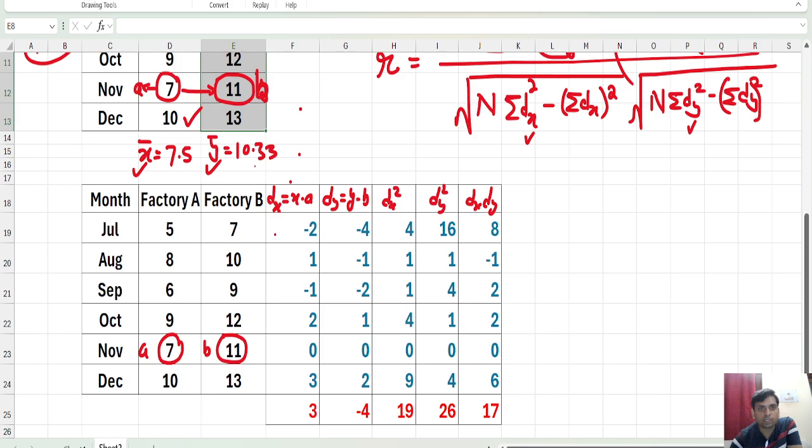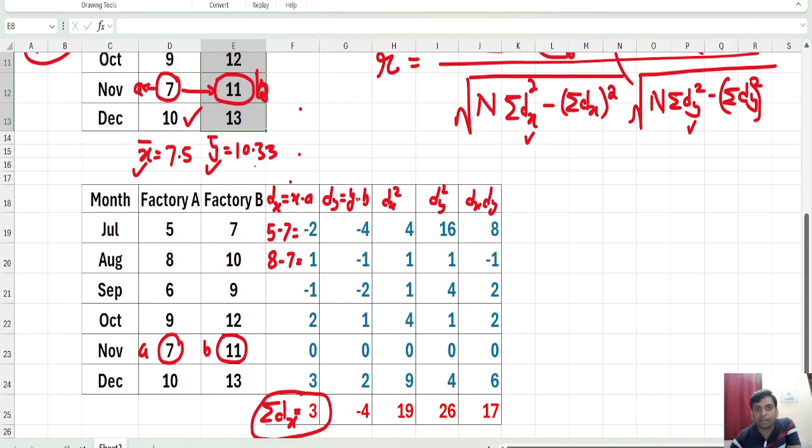For the first calculation, x is equal to 5, and we subtract a, which is 7, so you get minus 2. In the second value, x is equal to 8 and a equals 7, so 8 minus 7 equals 1. In that way you can find all these values, and finally we find the summation of this column, summation dx is equal to 3.